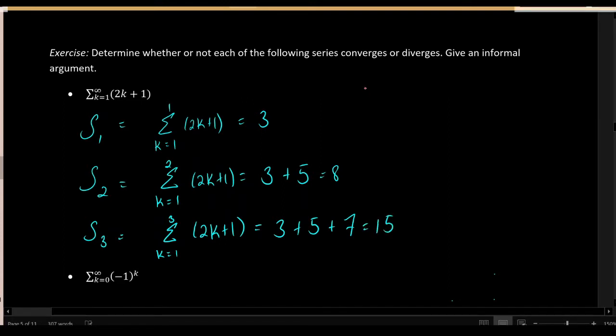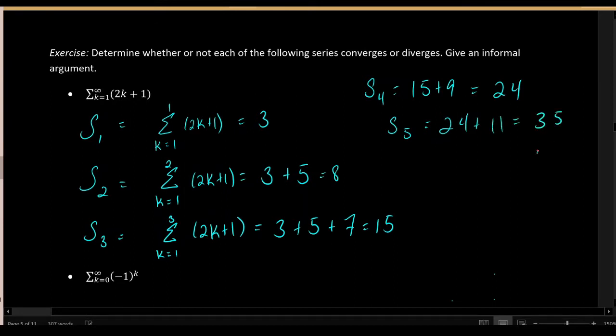And then we can confirm that s sub 4 is equal to 15 plus 9, so that's 24. And s sub 5 is equal to 24 plus the next odd number, 11, 35, and so on. Let's look at the result of the partial sums. We have 3, 8, 15, 24, 35.